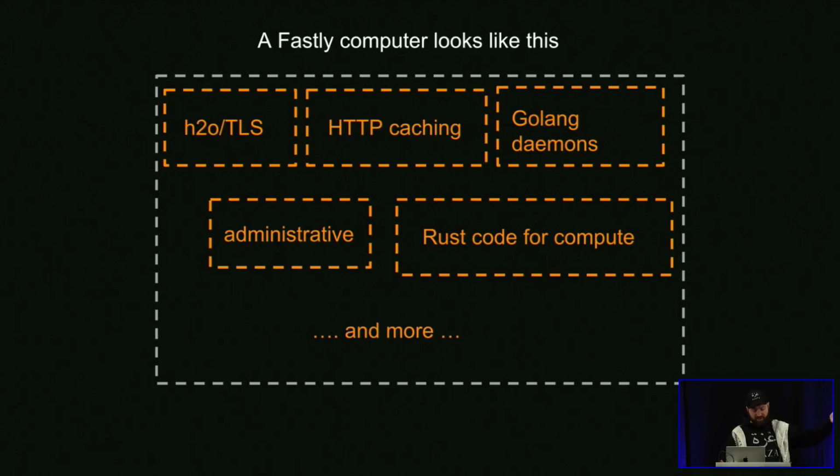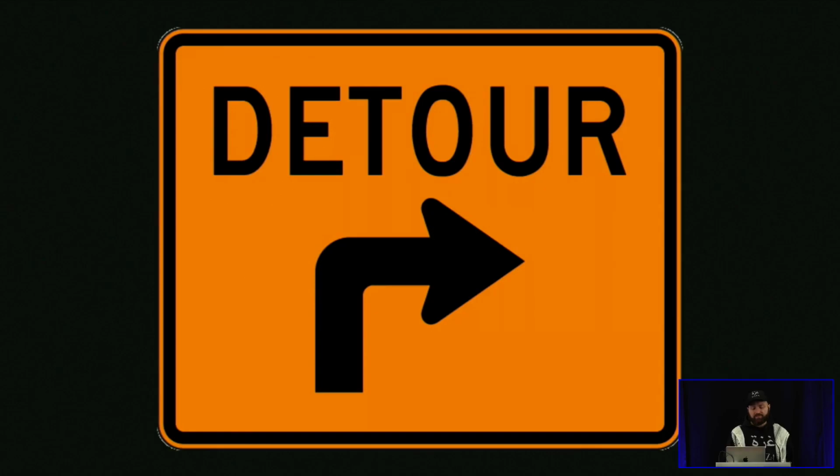It's a bunch of dotted lines, and there are lots of apps that run on it, right? We have our reverse proxy that does TLS termination, but we also have HTTP caching, we have Golang daemons, we have lots of different things running, and not all of them necessarily need these settings. We only want these settings for maybe certain apps at certain times.